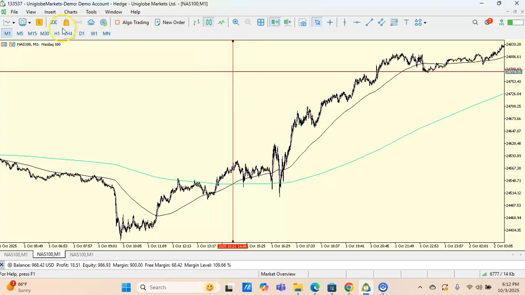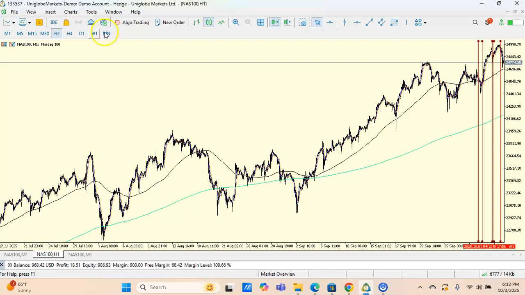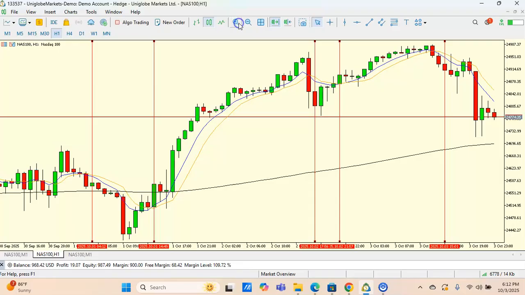Now watch this. I'm on the 1 hour time frame for the NAS 100. Look how close this is to basically doing the same thing. You see how it would have crossed like right here?